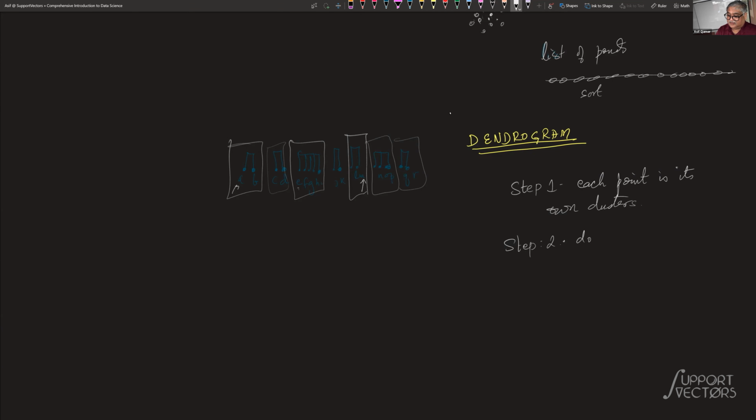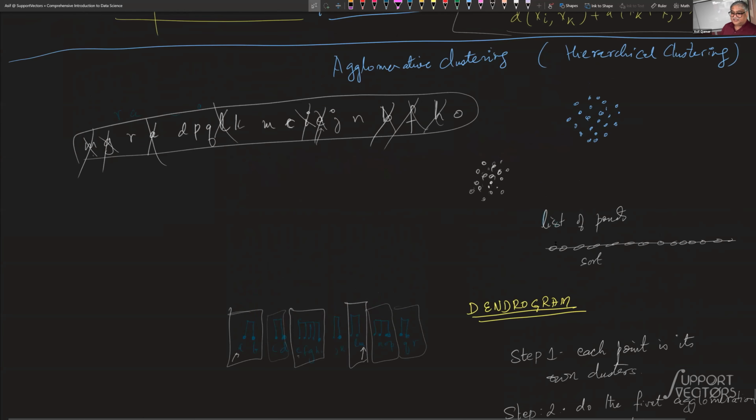Step 2, do the first agglomeration operation. You did that and you formed this. But now comes something interesting. Let's go back to this picture, and let us say that for whatever reason, let me find some points which are very, very close to each other.